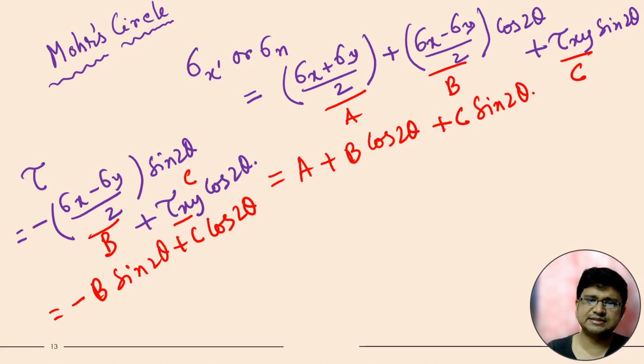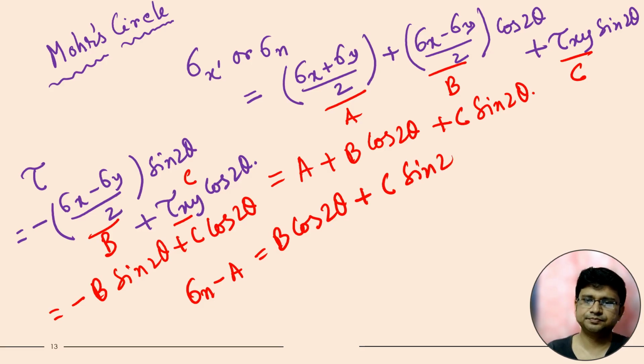Now if we rearrange, sigma n minus A equals B cos 2 theta plus C sin 2 theta, and tau is minus B sin 2 theta plus C cos 2 theta.